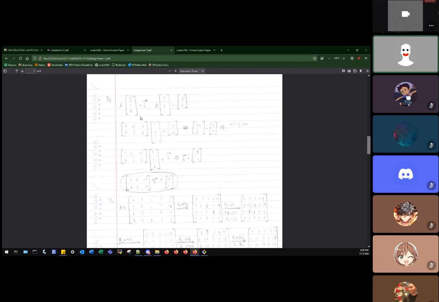Yeah, the third column is free. So we set the third column equal to A and B. We set the pivots equal to 1, 0, and 0, 1.